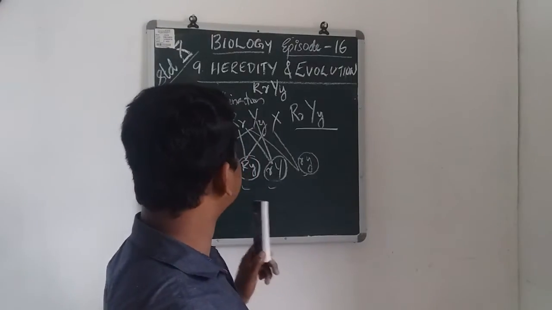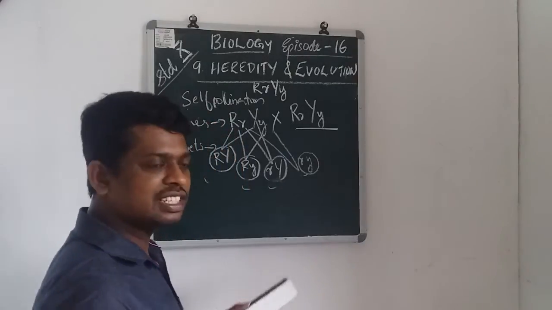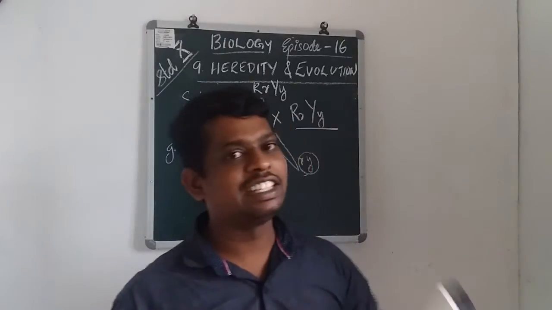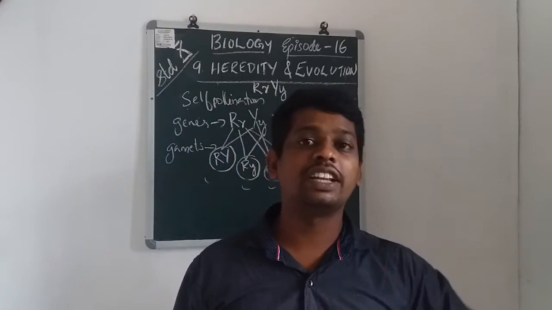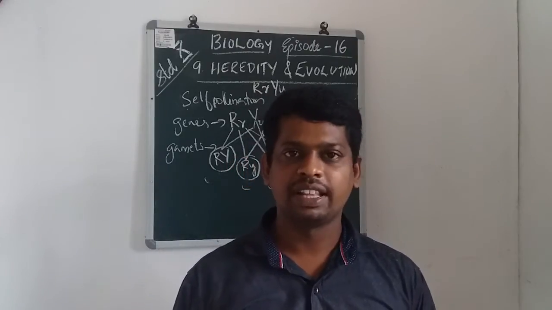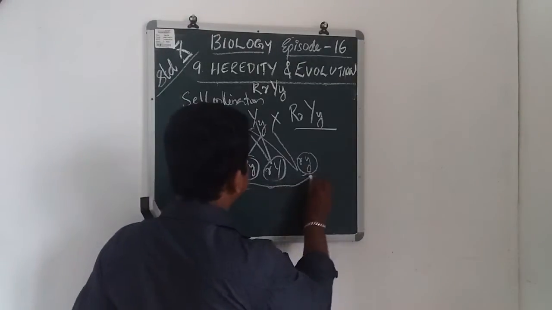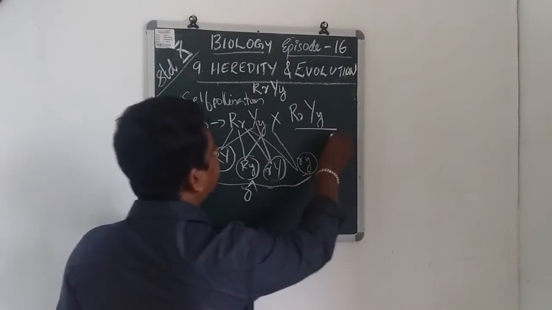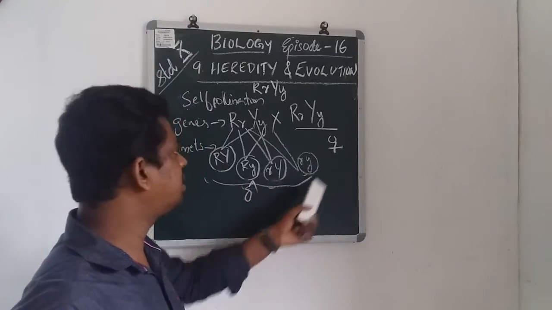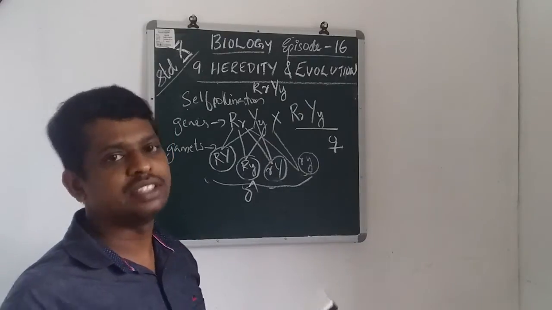And we write them in a checkerboard. What is a checkerboard? A checkerboard is a board for determining the characteristic features and the classification. We consider this one as the male character and this one as the female character, and I write it in the checkerboard.